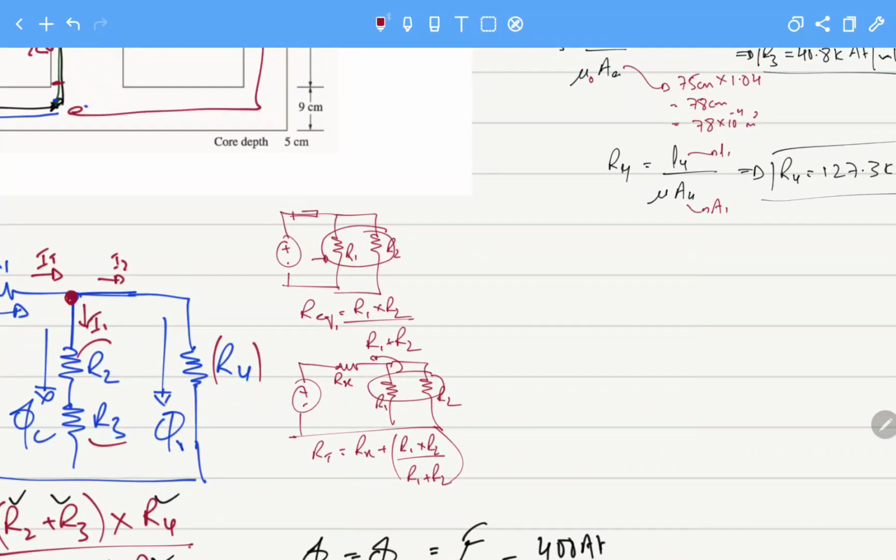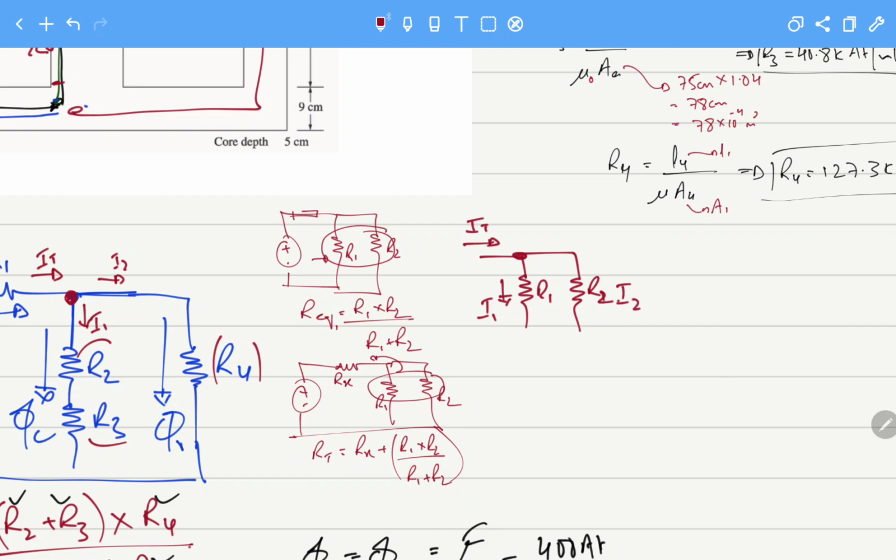So if you can recall, if we have a circuit like this and it has 2 branches, R1 and R2, and a current IT is flowing. Here we have I1, here we have I2.